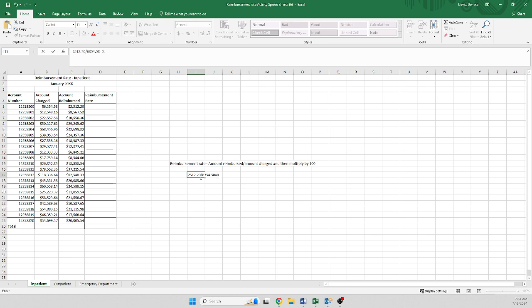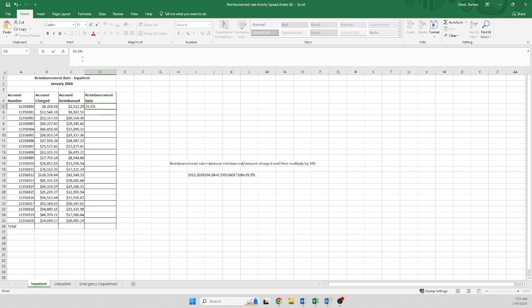So that comes out to 0.395333691. Now I'm going to multiply that number by 100. And that gives me 39.5%. So my reimbursement rate here, I would put 39.5%. And then I'm going to do that for the entire thing.